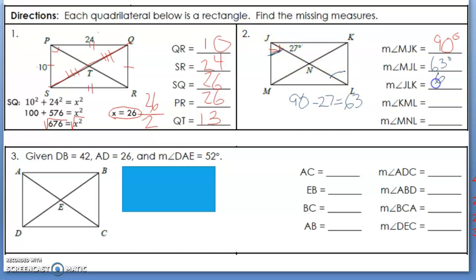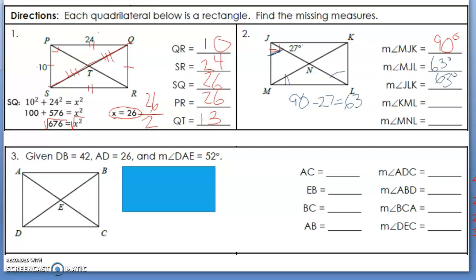If they're alternate interiors, they are the same. So it's also 63 degrees. Now KML is right here. That's what we're wanting to find.